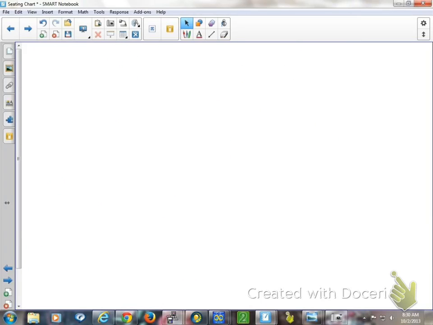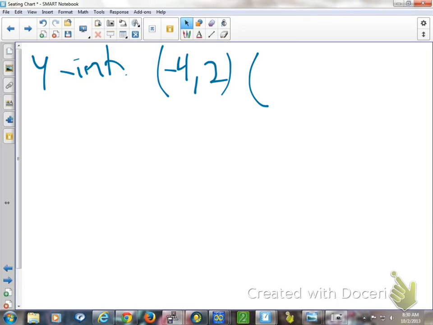What is the y-intercept equation? We're looking for the y-intercept equation for a line going through the points -4, 2 and 2, 5. First thing I need, it says, what is the y-intercept equation for a line going through those 2 points?